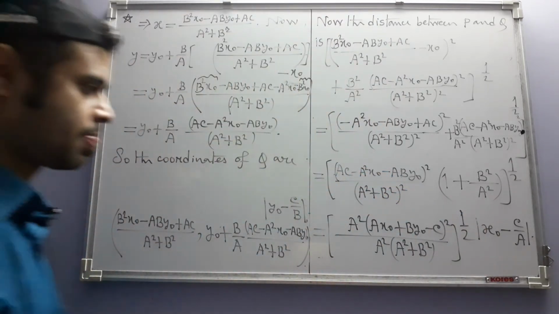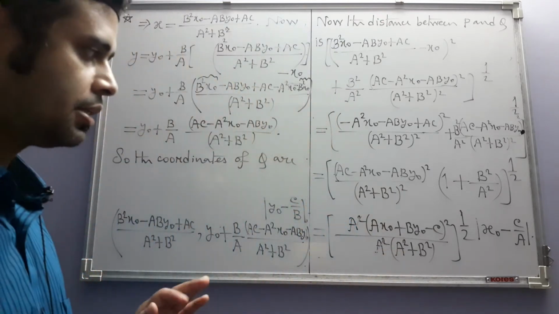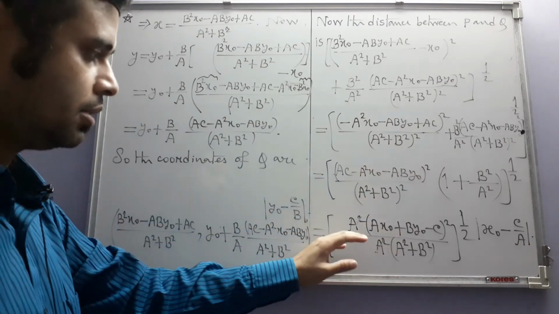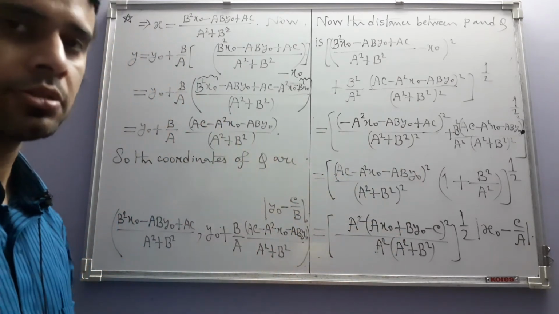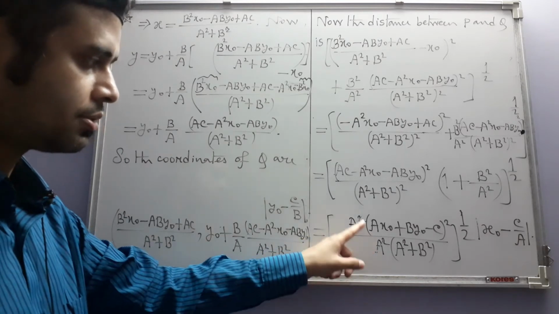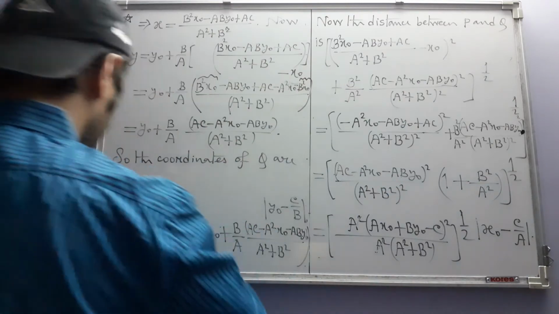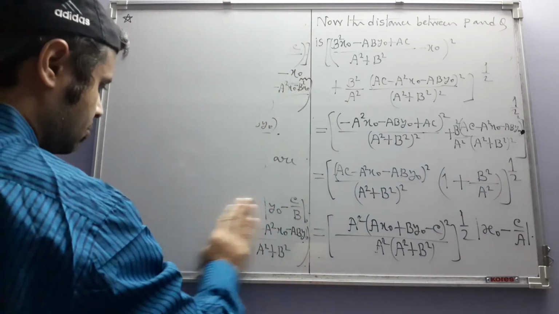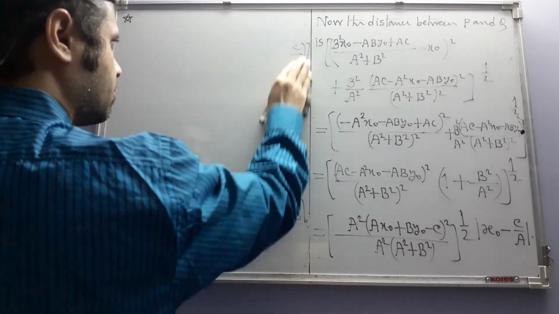Okay, so these two things then cancel each other, because keep in mind that not only is a square plus b square non-zero, in this particular case both a and b are also non-zero, so a square is non-zero, so they cancel each other, and the distance becomes this.